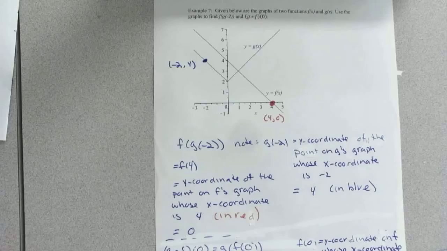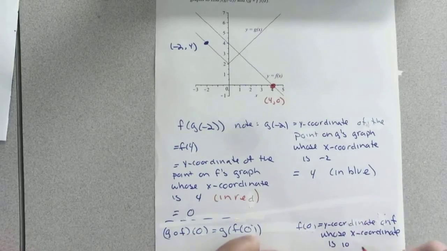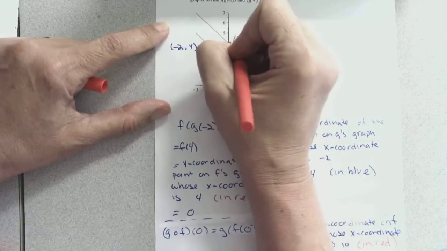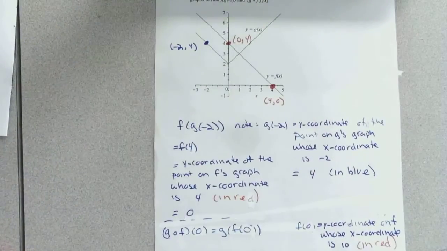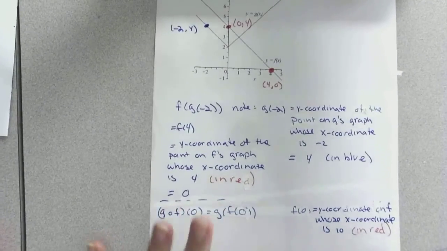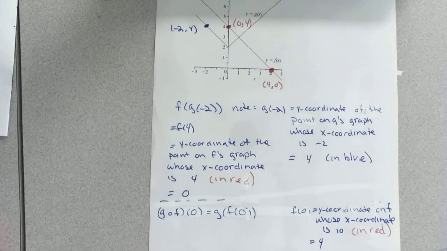So f of 0, and we can still see that. f of 0 in red, right there. 0, 4. So f of 0 is going to be 4.